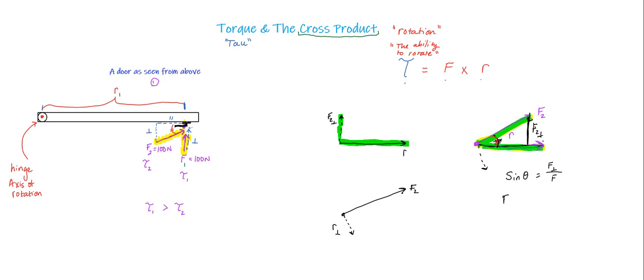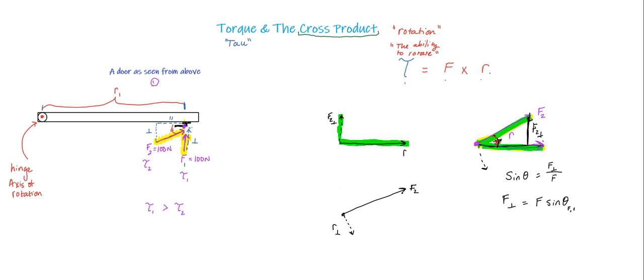So therefore the perpendicular component is equal to f sine theta. But it's not just f sine theta with some absolute 0 position. It's f sine theta where theta is the angle between f and r.